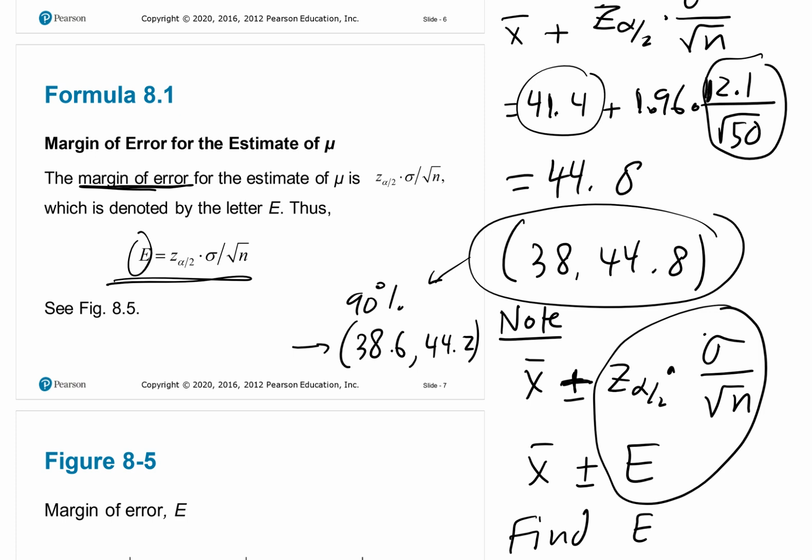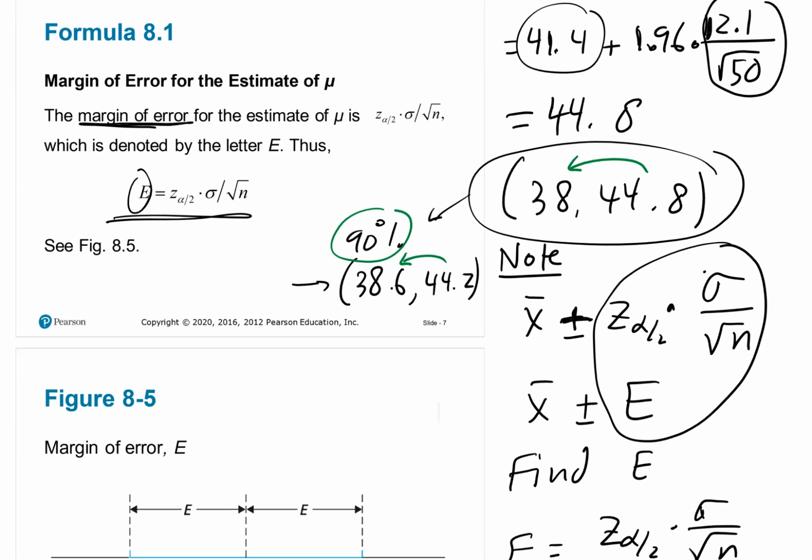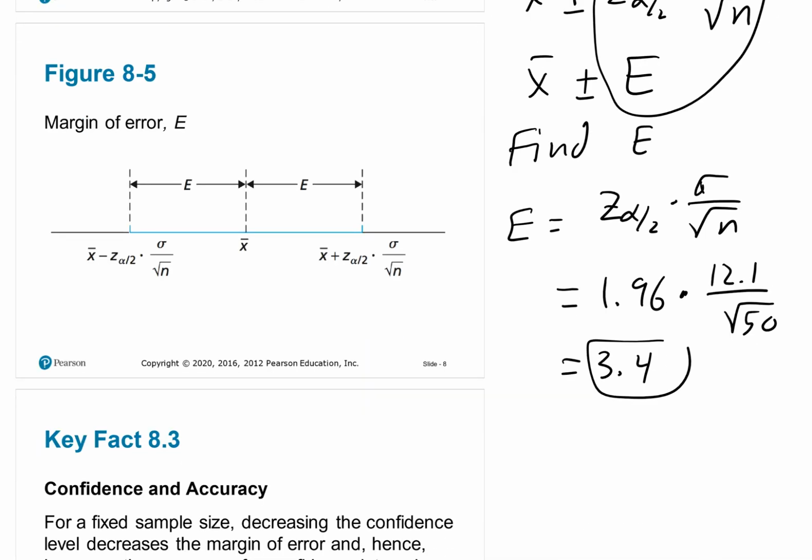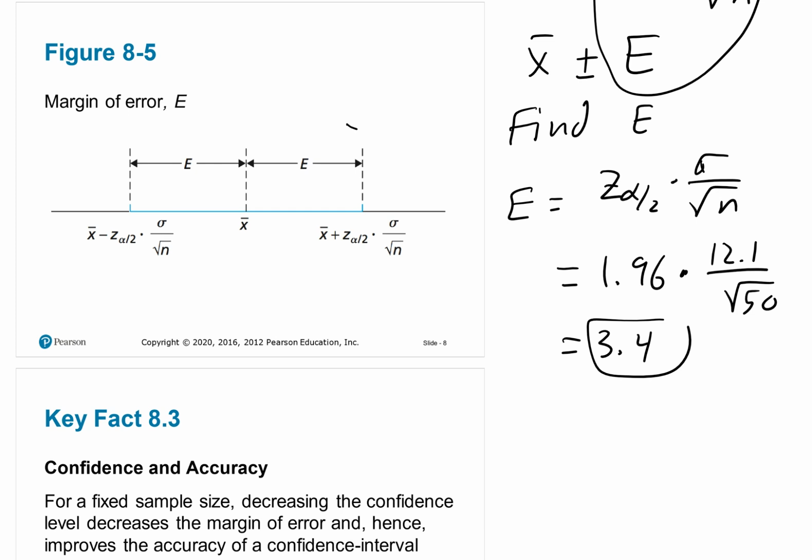Just subtract the values and you see the width of the interval. Same thing for this one. You'll find the longer the width, the bigger the interval. So if we reduce the level of confidence, we will get a smaller interval. The larger the interval, remember, the better. This is the margin of error representation on the graph, so you can see it.